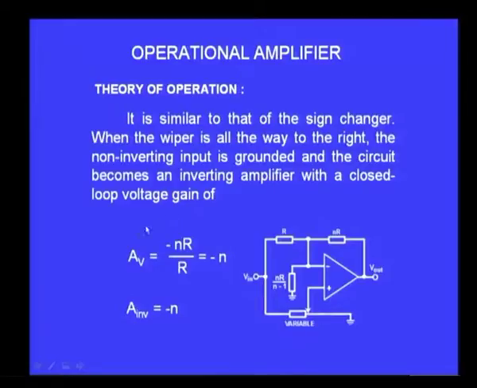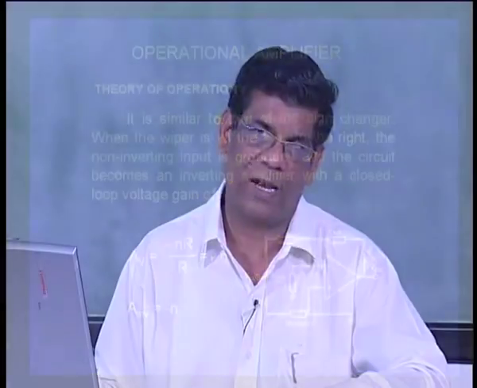Therefore, the gain is minus NR by R, and that is minus n. We have already seen this, except that in the earlier case we did not use NR, we just used R. Therefore, the gain was minus 1. Here I have used NR, therefore, the gain is minus n, that is all the difference. So, the gain of this amplifier is minus NR by R, and therefore, minus n when the wiper is at the lower end corresponding to the ground.